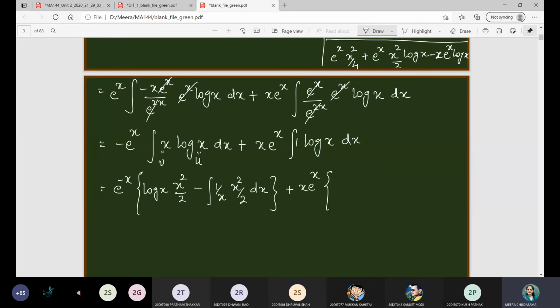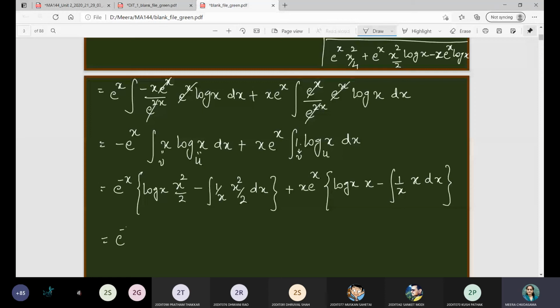If you don't remember the formula for log x, you can consider 1 as the other function, so that you consider log x as u and 1 as v. So u as it is into integration of v, so x, minus integration of the derivative of log x into integration of 1, which is x, dx.